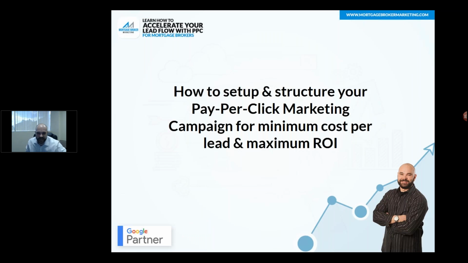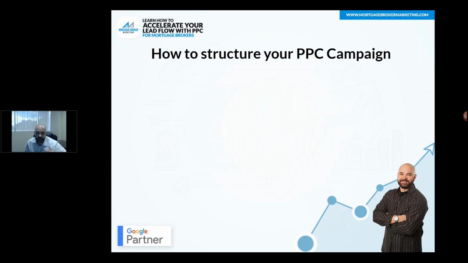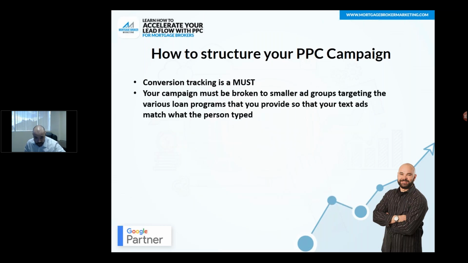So that's what we're going to talk about: how to set up and structure your pay-per-click campaign to really lower the cost per click and cost per leads and drive up the ROI. And the first thing here is tracking. Conversion tracking is a must. You must track between web forms and phone tracking.